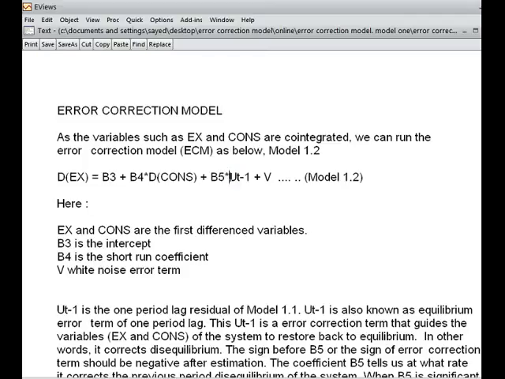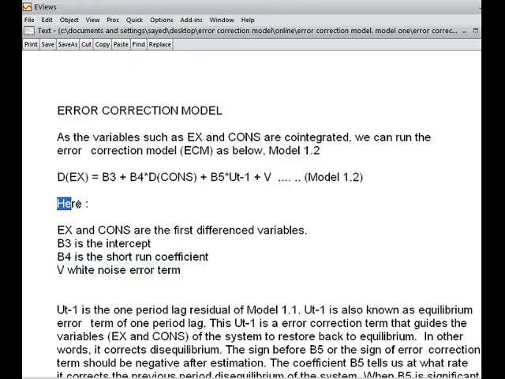What does u mean? U, ut minus 1, is actually called the residual, one period lag residual. That means residual but one period lag. And what is the v? V is the white noise error term.